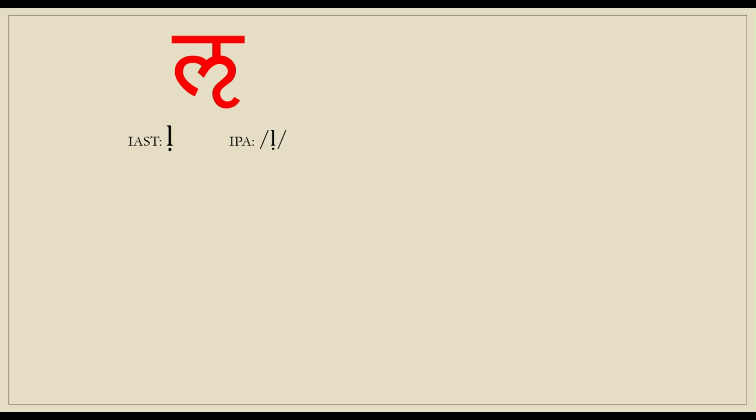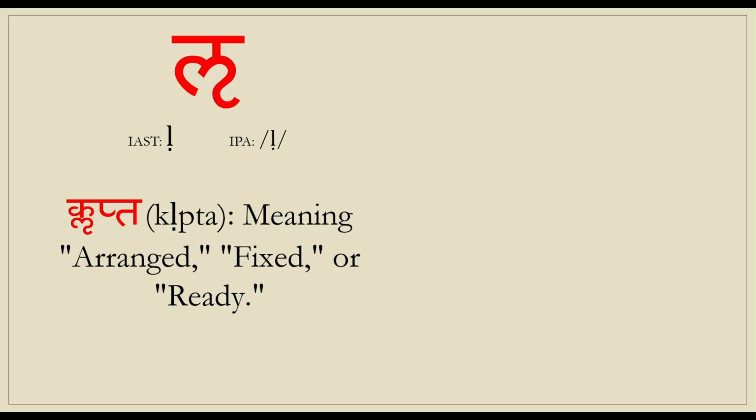This sound is the rarest sound in entire Sanskrit, and there's only one word that has this sound, and that word is kḷpta, which means arranged, fixed, or ready. This sound is extremely rare, so it is not an extremely useful sound. You can neglect it perfectly.